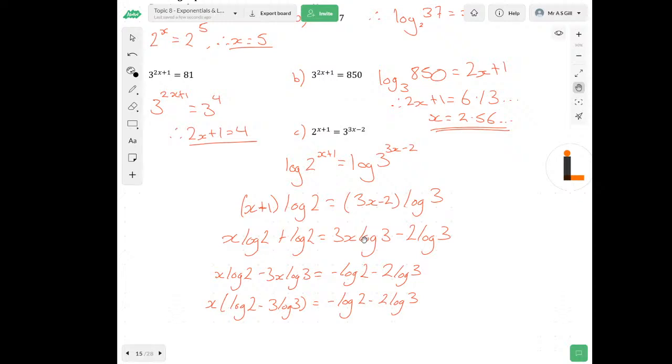And then we could apply some log laws here and try and simplify this, but ultimately it's going to go into a calculator anyway, so I'm just going to keep it as it is, but divide through so we get x on its own on the left hand side.